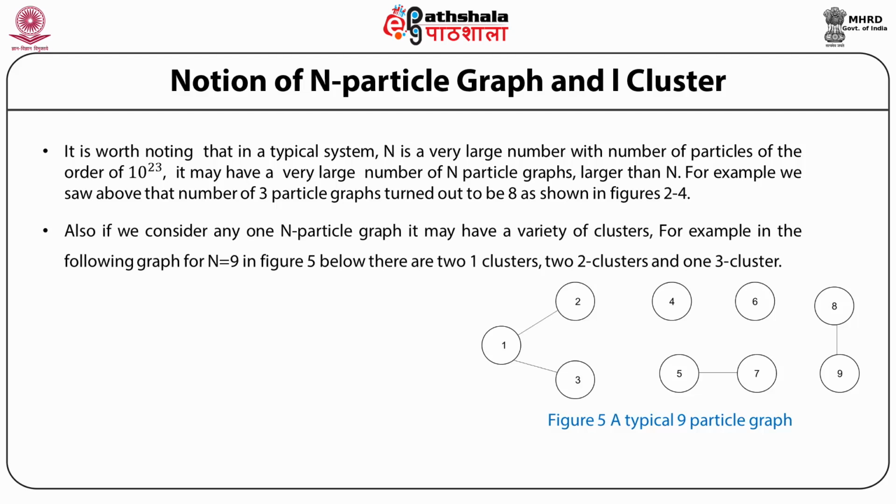For example, in the following graph for n equal to 9 in figure 5 below, there are 2 1-clusters, 2 2-clusters and 1 3-cluster.